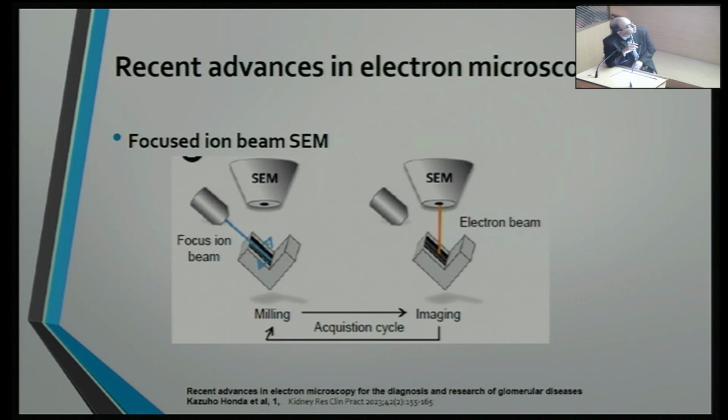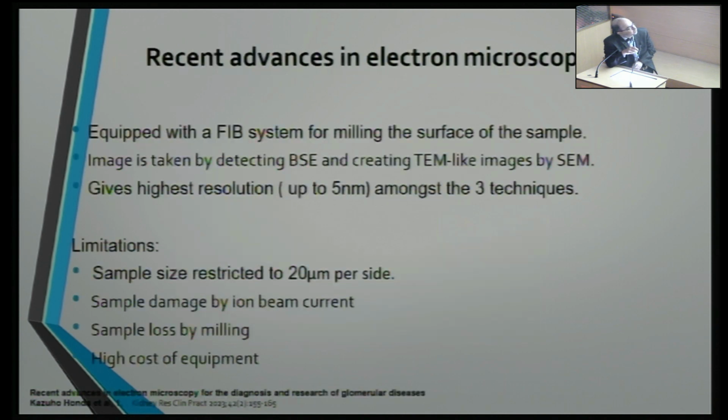This is followed by 3D reconstruction of the serial images. This gives very good resolution. The issue is that the sample size has to be limited to 20 micron. This is really very small. Sample damage can also take place due to the ion beam current and loss of sample by the milling. And of course, the cost of equipment is a major limiting factor.